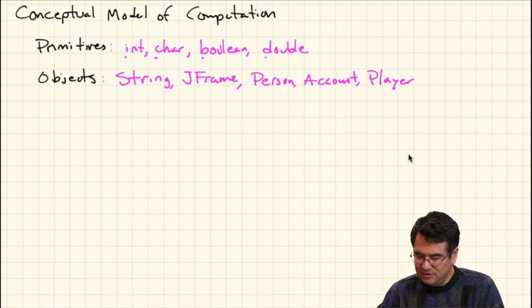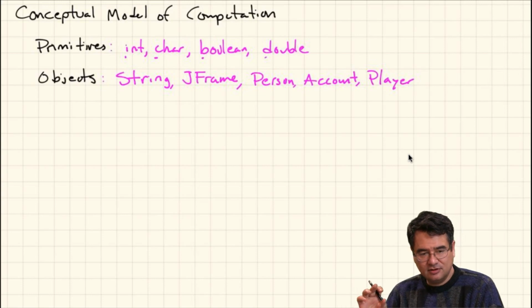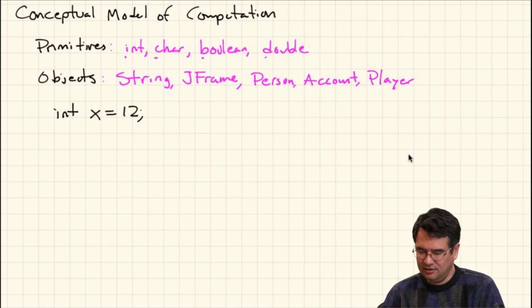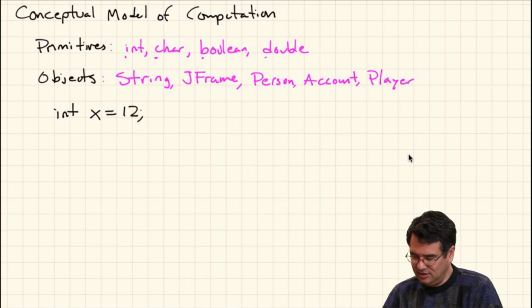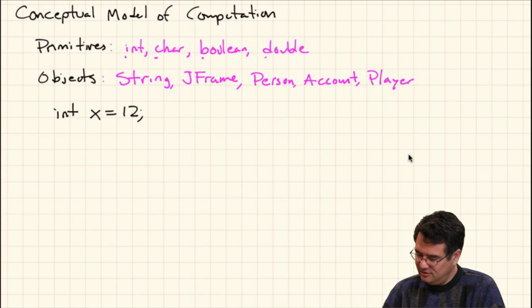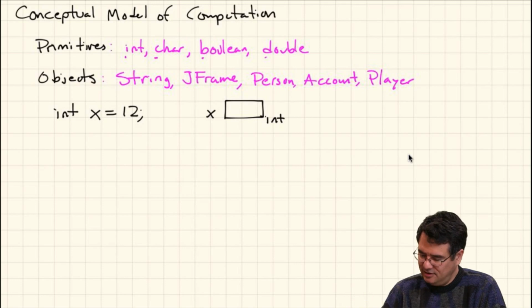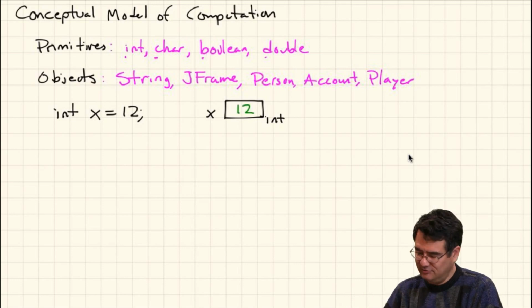Now, for primitives, what's stored in the computer's memory is the actual value of that primitive. So for example, if I have int x equals 12. Okay, that's a primitive, and we know that because it's int. So there is a box, if you will, inside the computer's memory labeled x, whose type is int, and inside that box is stored the number 12.